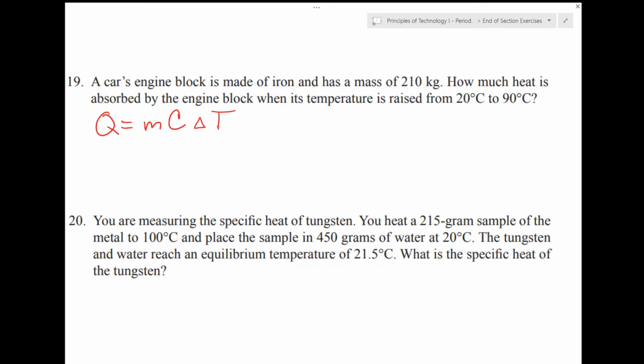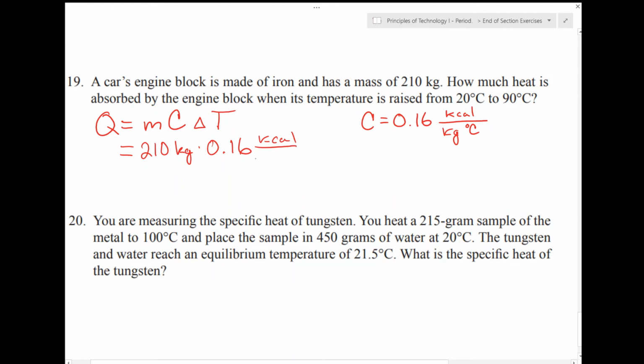0.16 kilocalories per kilogram degrees Celsius. We know that the mass of the iron is 210 kilograms. I just told you what the specific heat was: 0.16 kilocalories per kilogram degrees Celsius.